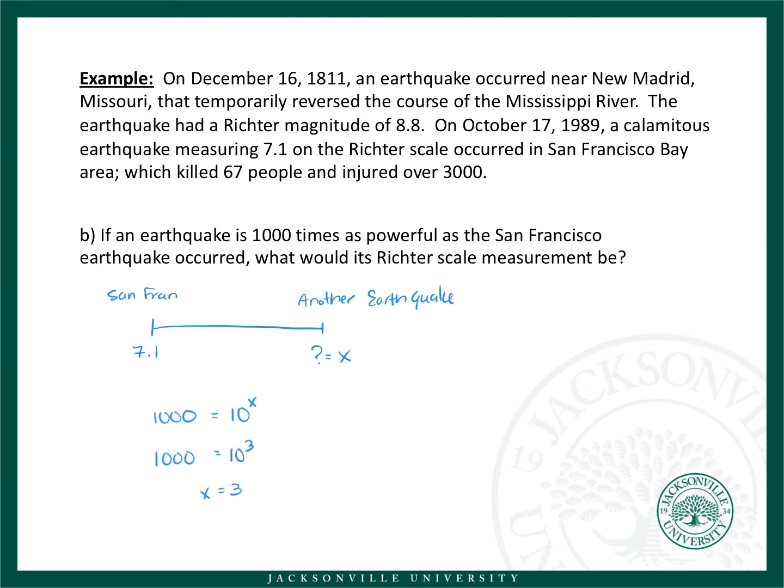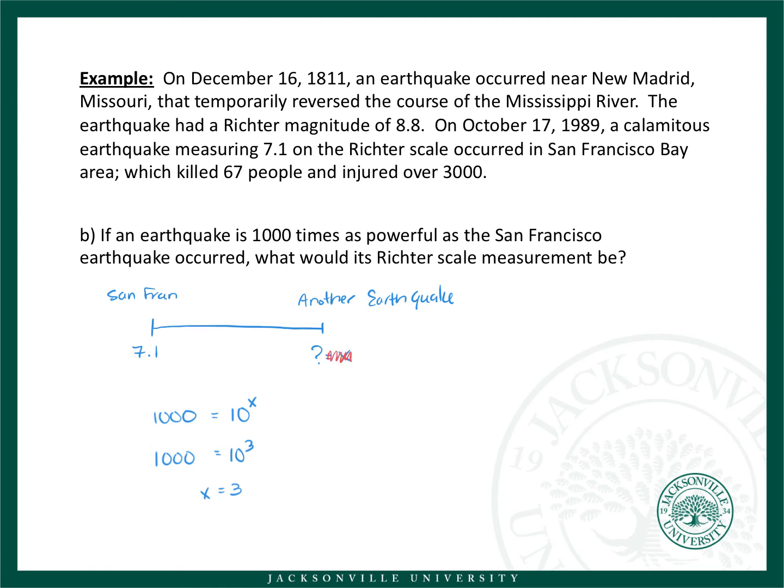So on the Richter scale, it's 3 points higher than the magnitude of the San Francisco earthquake. Actually, I probably should not call this X. Let me call this variable, and up here let's just leave it as a question mark.